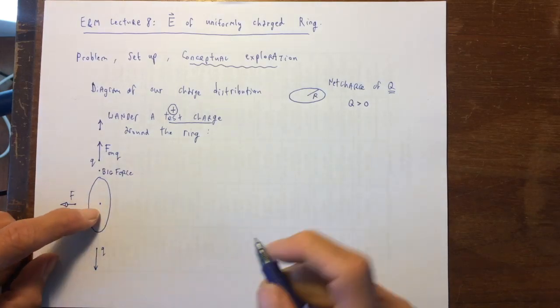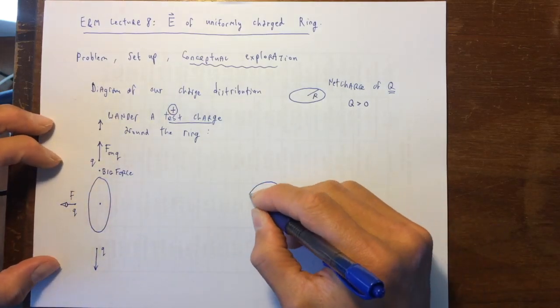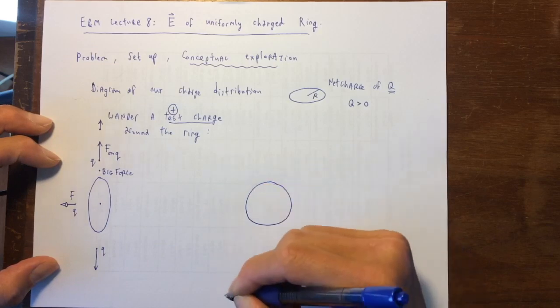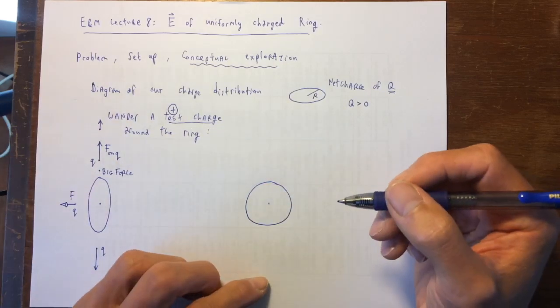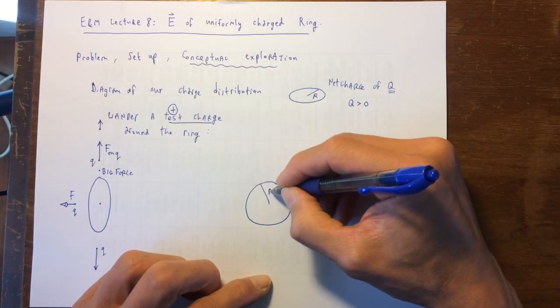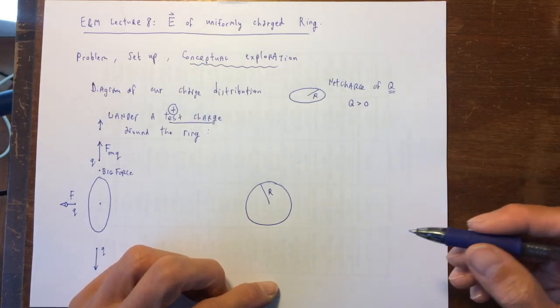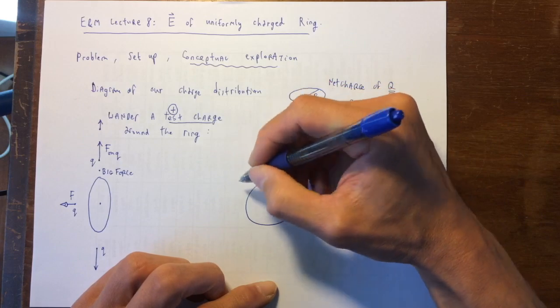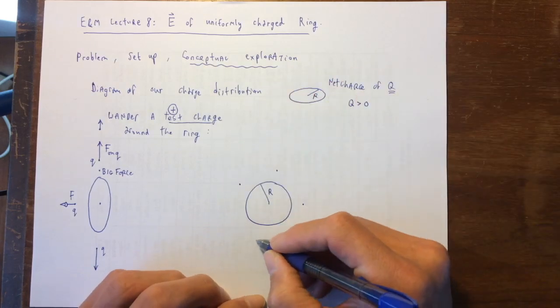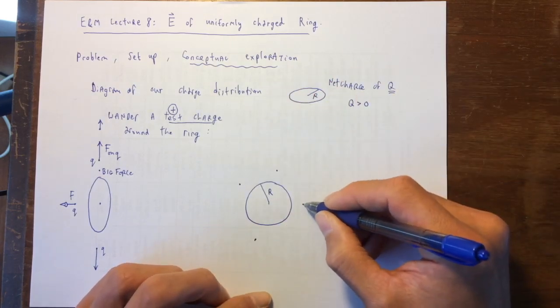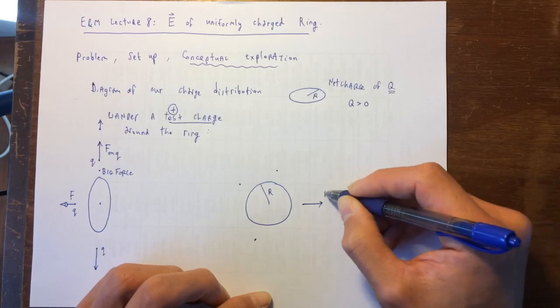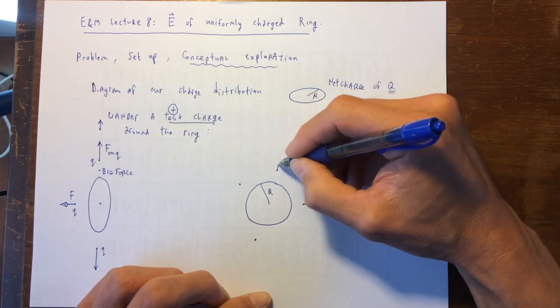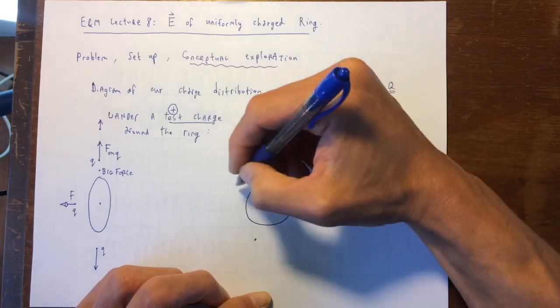And so what I mean by that is, here is the ring. So here's the center of the ring. Here's the radius of the ring, call it capital R. And I am just checking at places around here. And I find that over here, it's a radial outward force that way. Up here, it's a radial outward force this way.